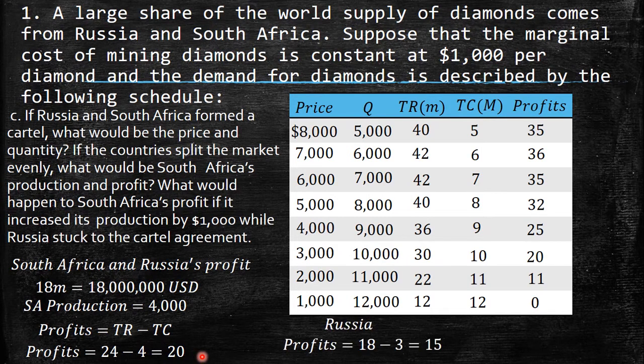What about Russia? Russia will still produce 18, because they stuck to the cartel agreement, and the cost should be 3, because it should be again 3,000 times the average total cost, and then the total profit should be 15.